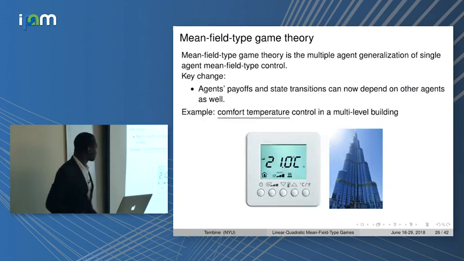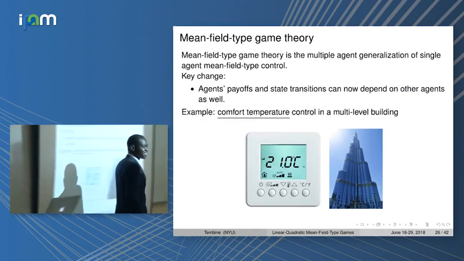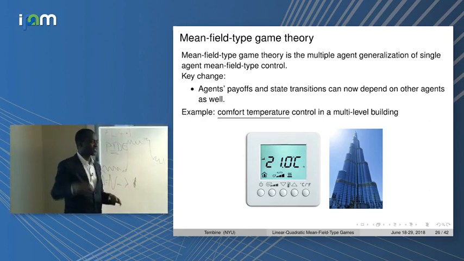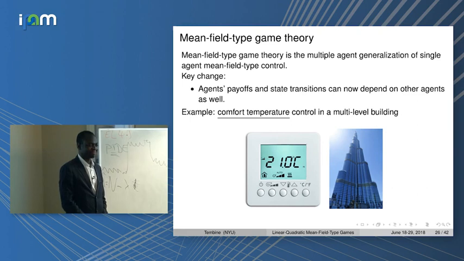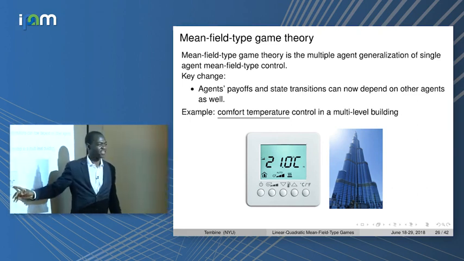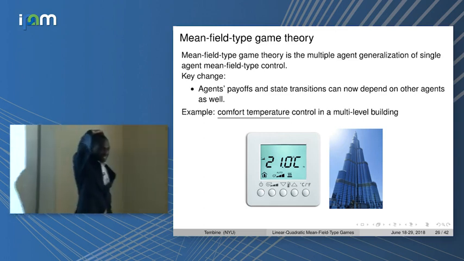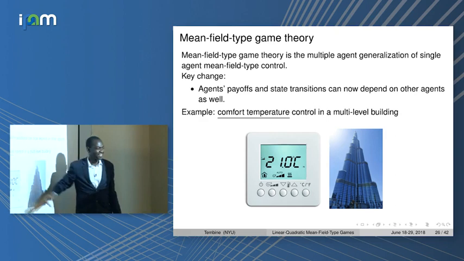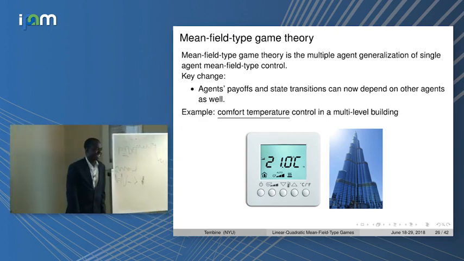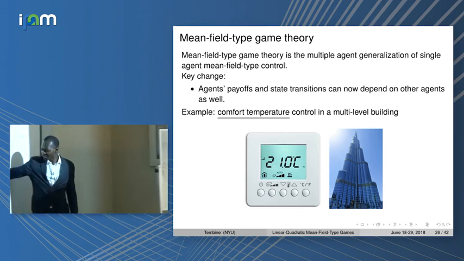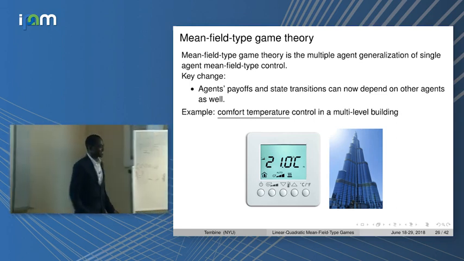So let me give you another example. Instead of evacuation now, we want to have a comfort temperature in this room. Okay. So we are in a building. We want a comfort temperature. For those who are from Sweden and Canada, I guess this is too hot for you guys, but for those who are from Texas, they might want to increase it a bit.